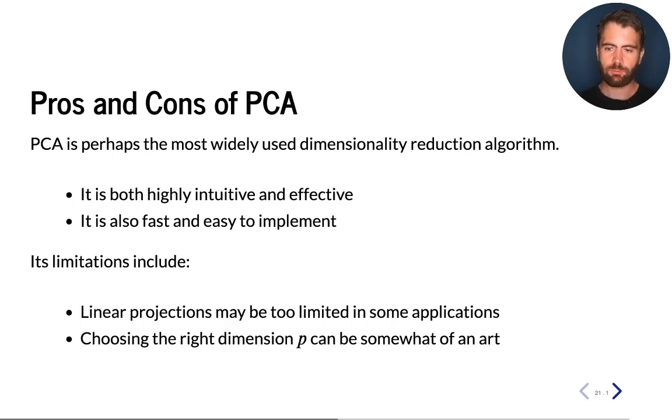But more modern deep learning methods would be better on that kind of input. And also, being an unsupervised method, choosing hyperparameters like p can be a bit of an art. However, despite these limitations, PCA is a very important unsupervised learning algorithm that is an important tool for applying machine learning in practice.